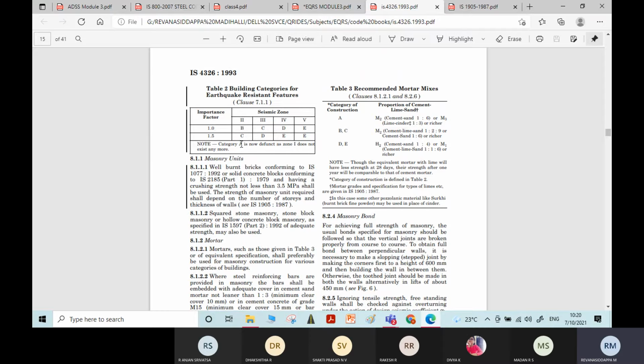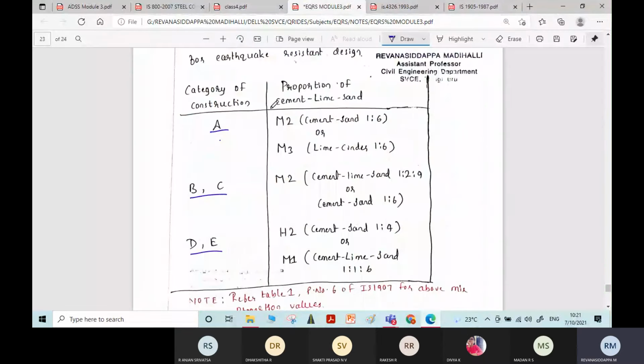So the building is categorized depending upon the zone in which it lies and its importance factor. With respect to the different categories of construction, the required mixed proportion to be used is given. If the category of construction is A, you can use either M2 or M3.